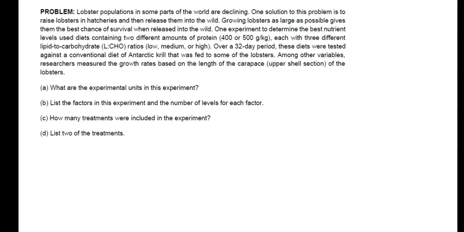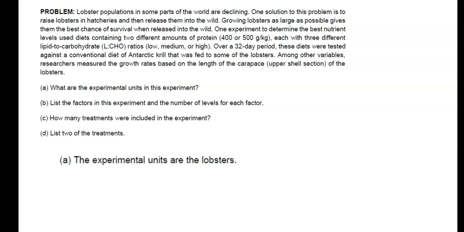And over a 32-day period, these diets were tested against a conventional diet of Antarctic krill that was fed to some of the lobsters. Among the other variables, researchers measured the growth rates based on the length of the carapace, the upper shell section. What are the experimental units?